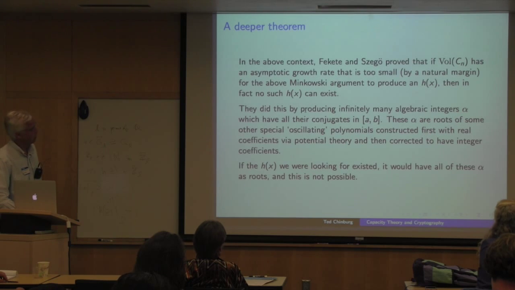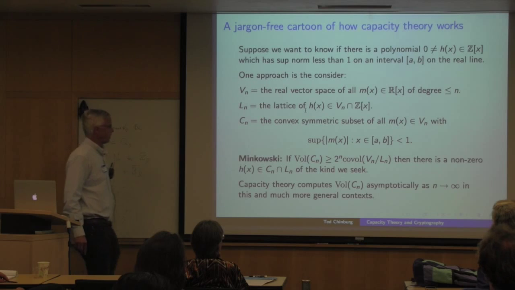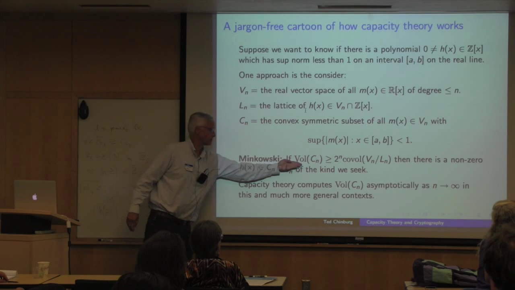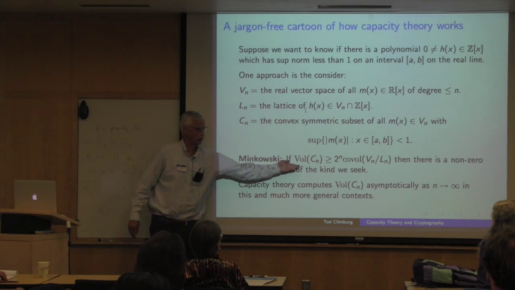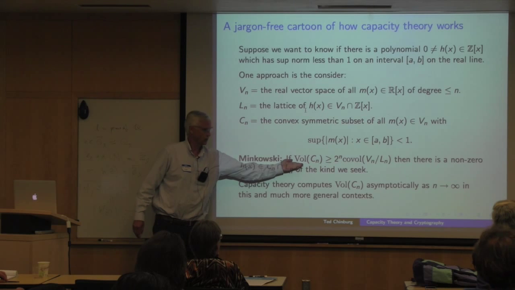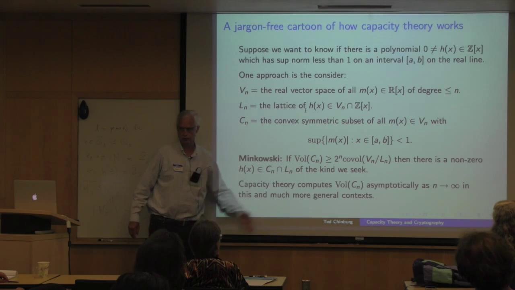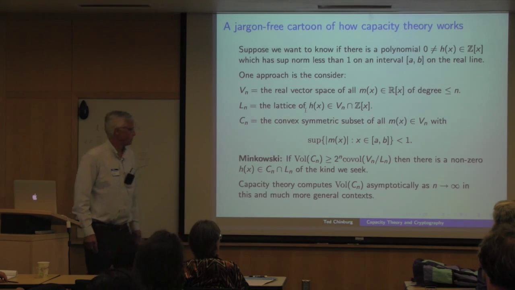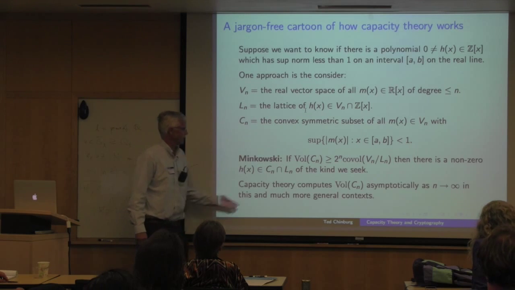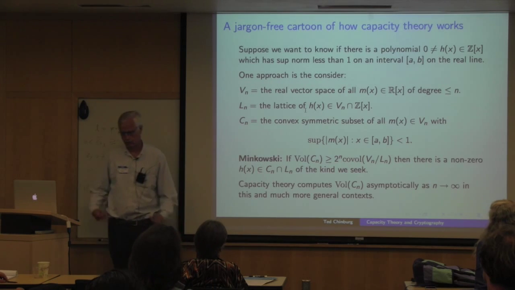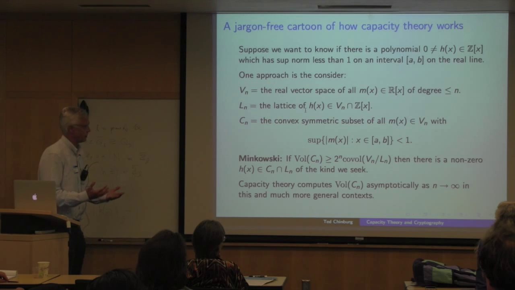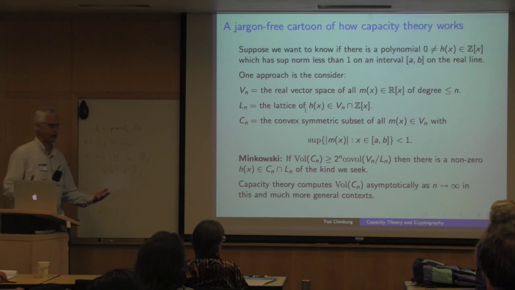Okay, so let me come back here. If the volumes are growing like e to a positive constant times n squared, we're certainly going to win, and we're going to win pretty quickly. On the other hand, it could be that the constant's negative, in which case you have no reason to think that the Minkowski argument could possibly produce a lattice point.